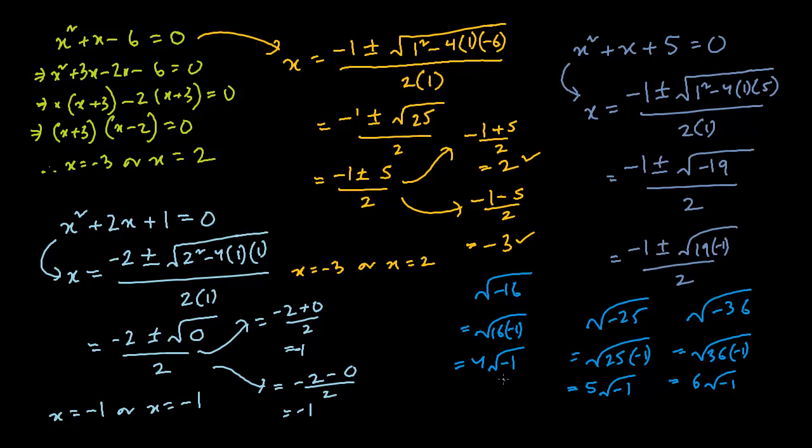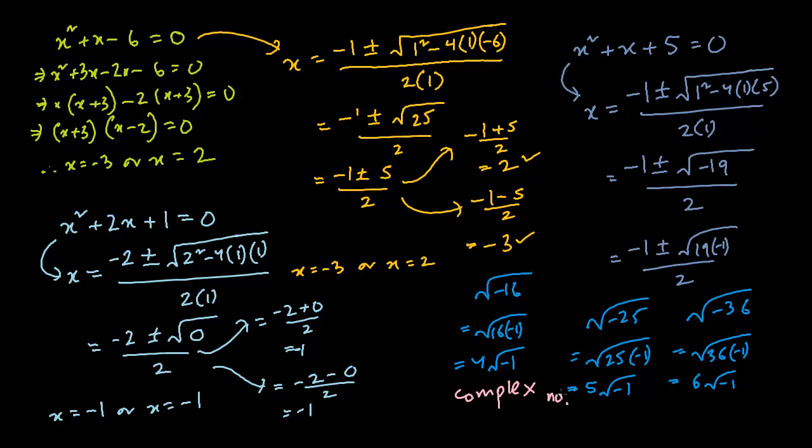So this thing, square root of minus 1, is a mathematical problem, and we have many names to call this. We can call this complex number. That is the most common name to call it, and it is often referred to as i. So square root of minus 1 is i. So this value would be 4i, this would be 5i, and this would be 6i. And this is a complex number.